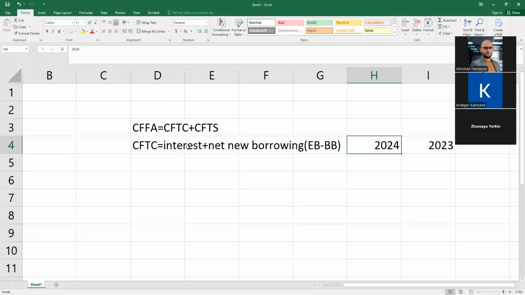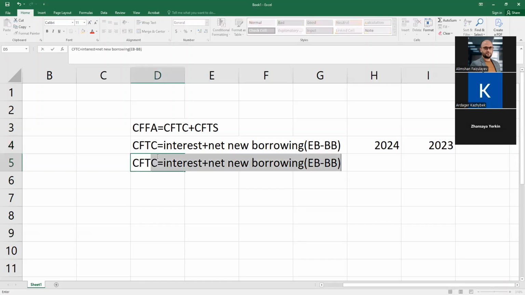That's what we said. Cash flow to shareholders: you give the shareholders some money and they are called dividends. Dividends, and again, net new equity, ending minus beginning.